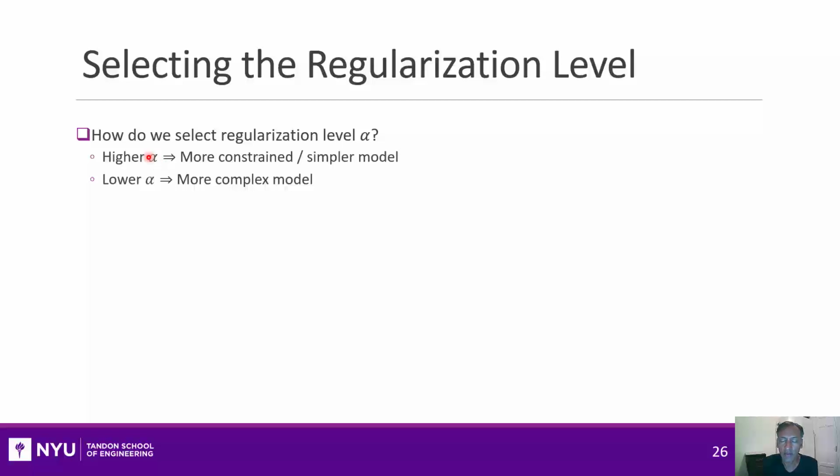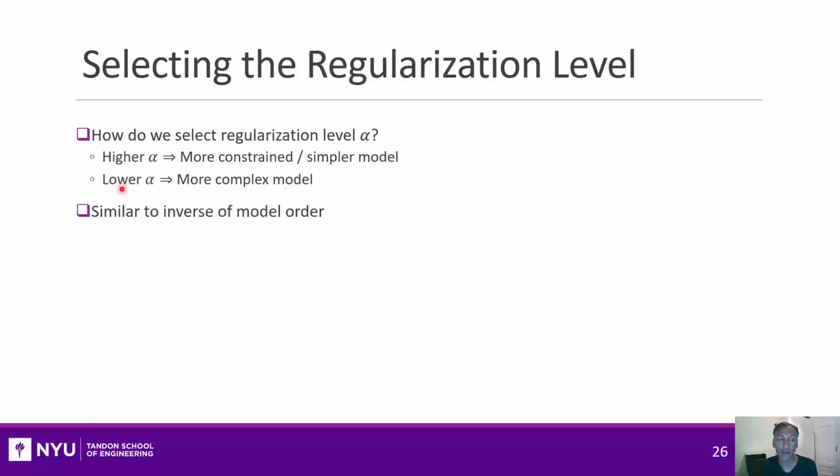And so I'm in some sense picking a simpler model. So for example, if I was using L1 regularization and I picked a higher alpha, I'd be asking the solver to find me a solution that has less number of non-zero coefficients. So conversely, if you have a lower alpha, you have a more complex model.